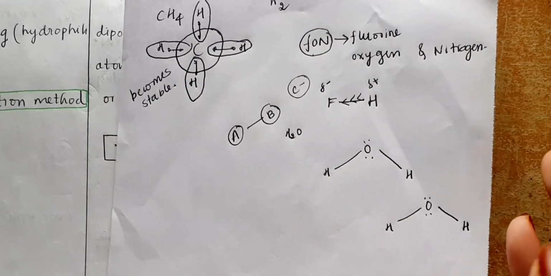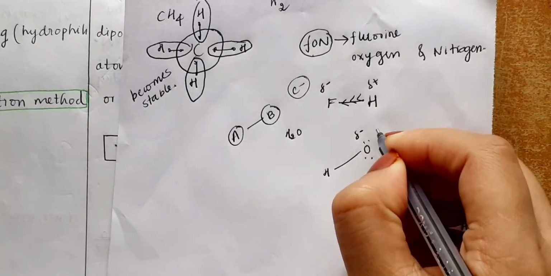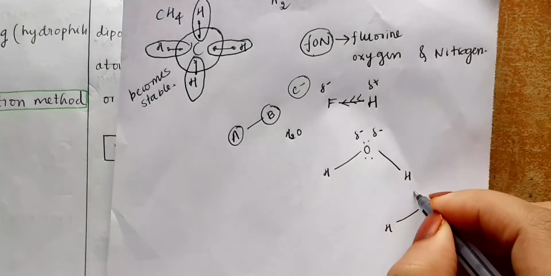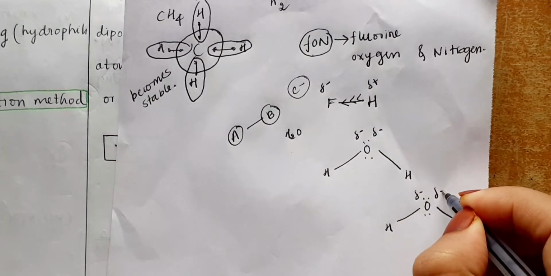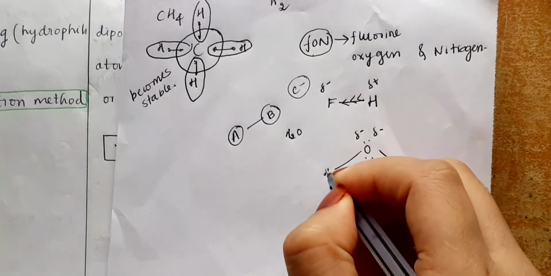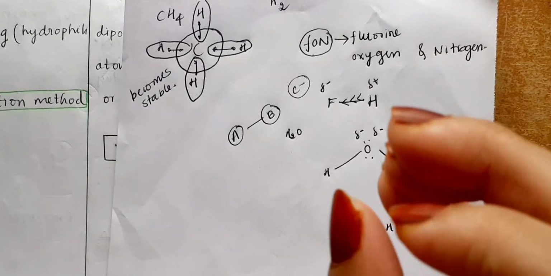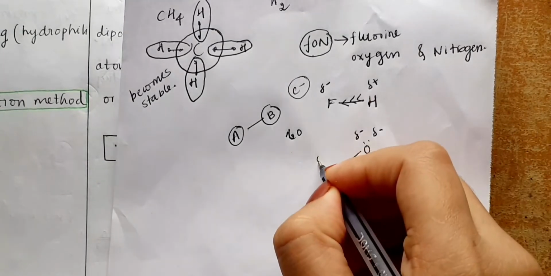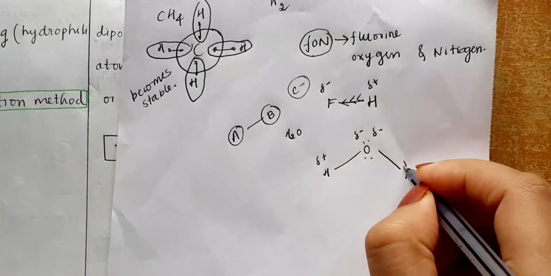So we can write a partially negative charge on this oxygen atom because it is electron rich, whereas hydrogen is electron deficient, so we can write a partially positive charge on it.